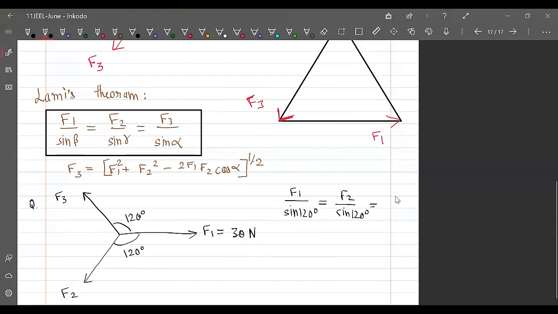That will be equal to F3 by sine 120. This just means that F1 is equal to F2 is equal to F3. If all these forces are equal, then that means all the forces are equal to 30 Newton. So that's using Lami's theorem.